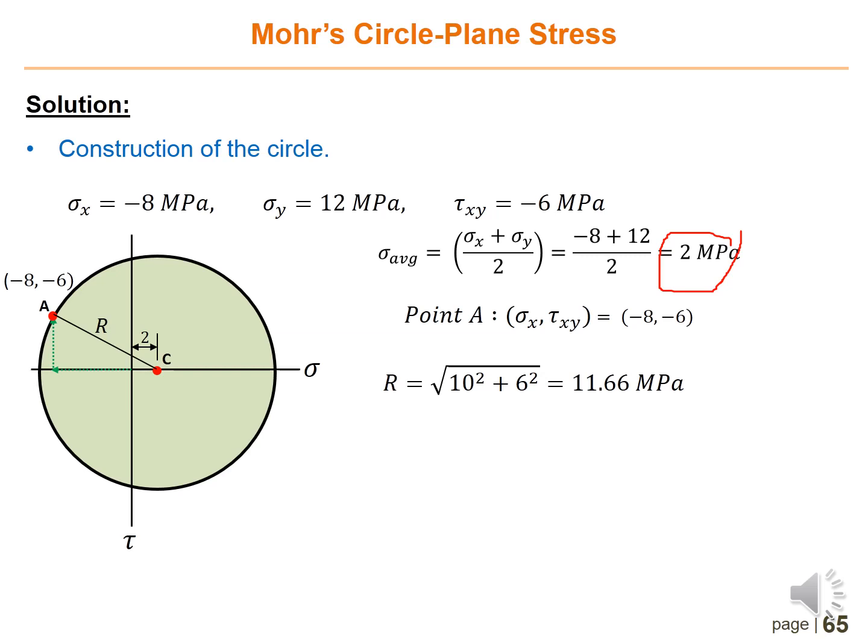You know that 10 is the horizontal distance from point A to point C, and 6 is the vertical distance from point A to C or the origin. So it is equal to 11.66 megapascal.